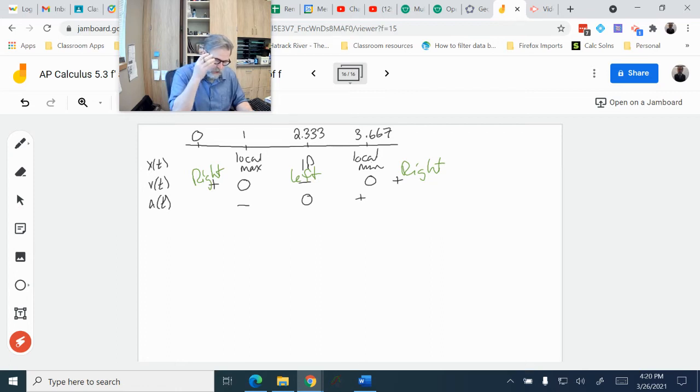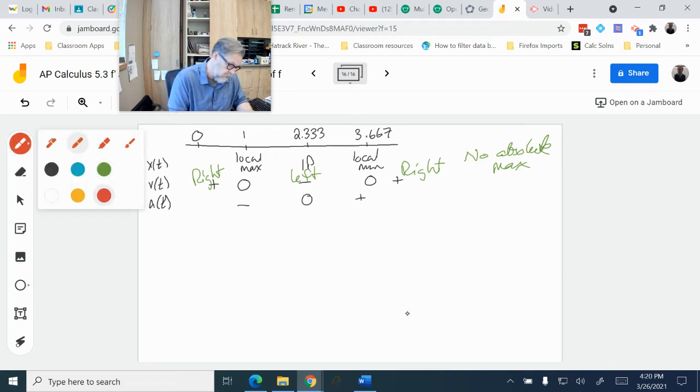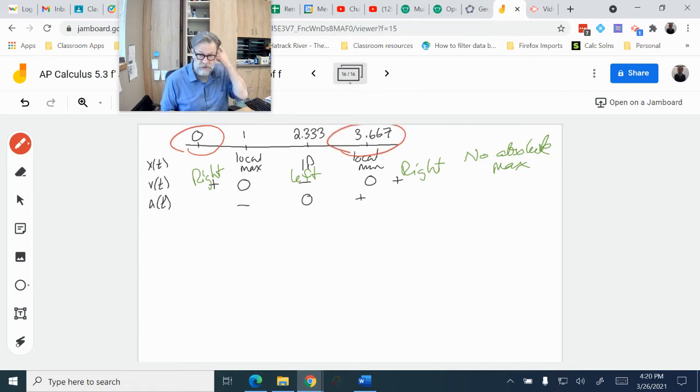So what this tells me is that, because this goes on forever, there is no absolute maximum position. There is an absolute minimum, but I don't know if it is going to be at 0 or at 3.667. I'd have to do some calculations in order to find that.